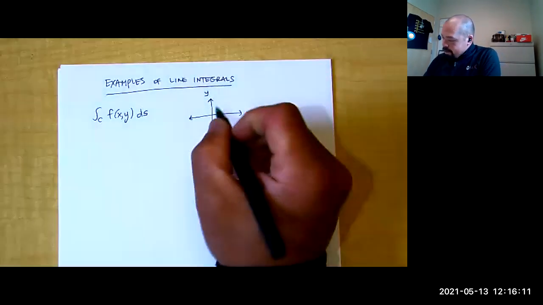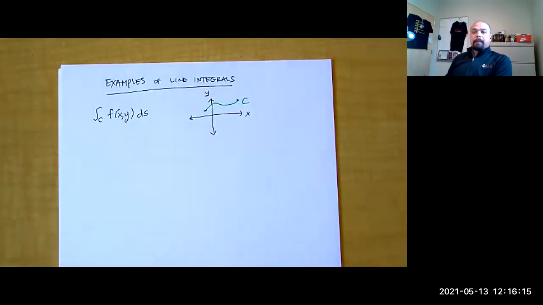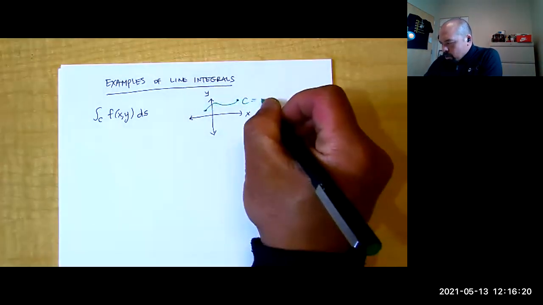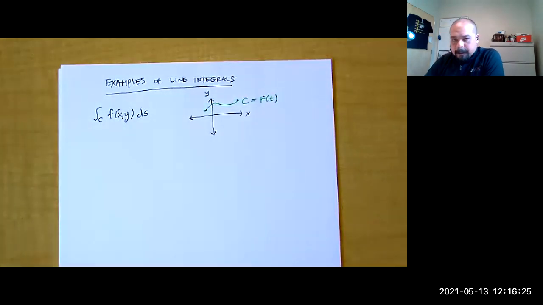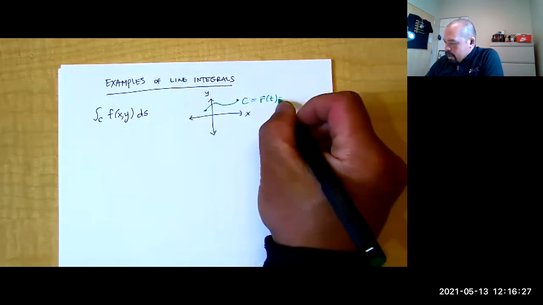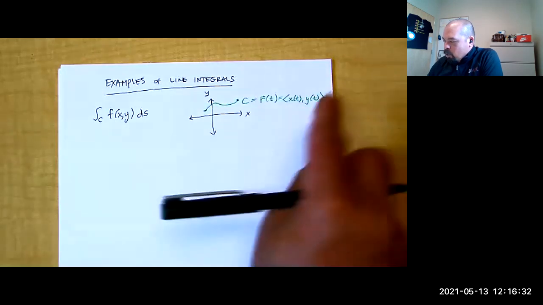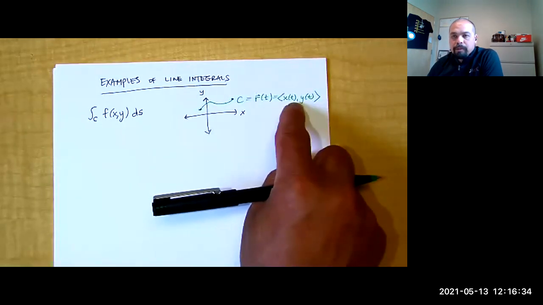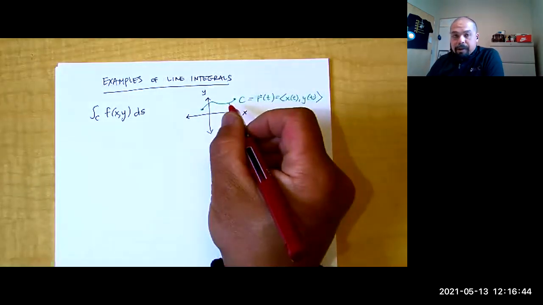We're going to have some path, some line, some segment of a curve that we're most likely going to be able to present as a vector function, x of t, y of t, depending on our parameter, whatever letter we may choose, t, u, s, v, whatever it might be. We can identify our different locations on that curve.